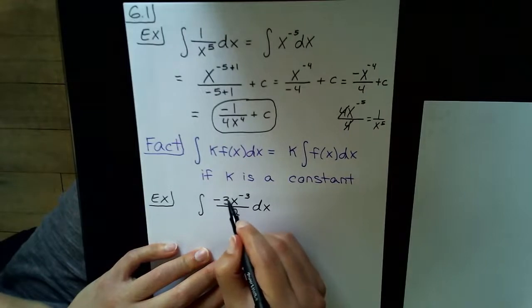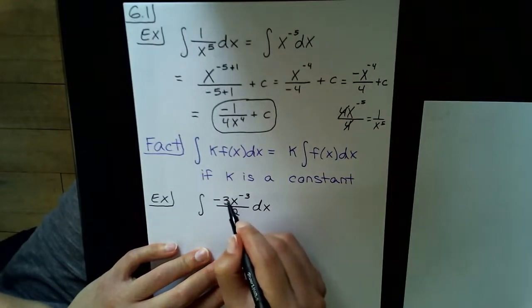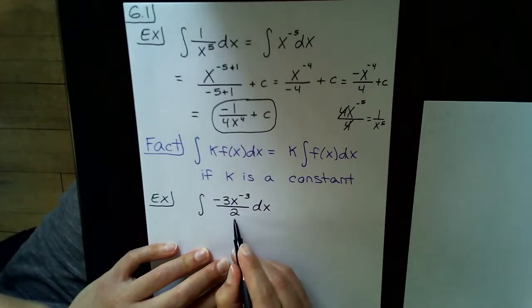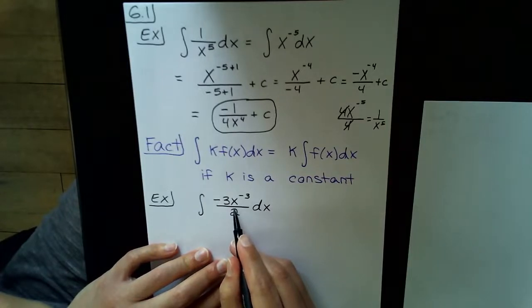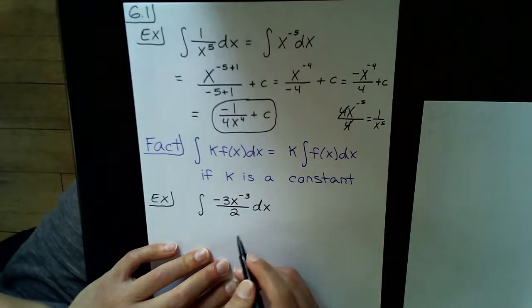Notice we have a negative 3 being multiplied to our x, so it's tempting to say that negative 3 is the constant. But we are also dividing by a 2. Dividing by 2 is the same thing as multiplying by 1/2. So that is still considered multiplying by a constant.